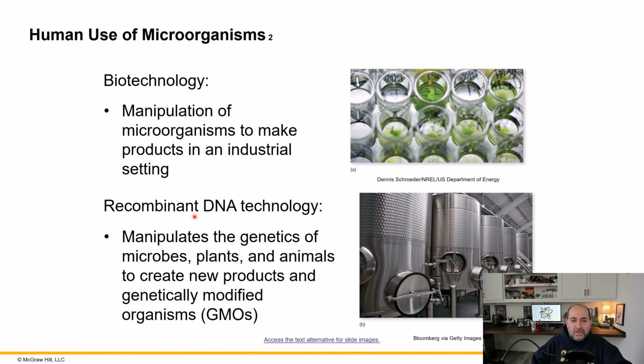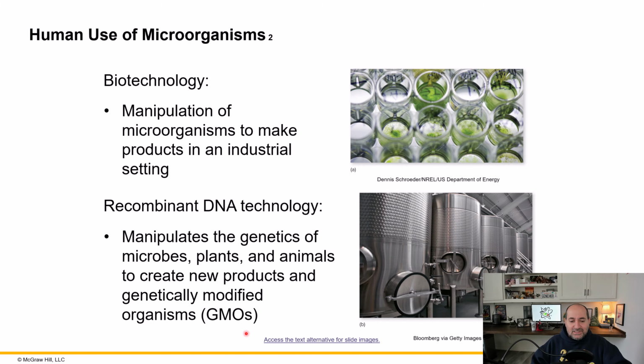And with recombinant DNA technology, we're able to introduce genes into microorganisms so that they can produce things for us and help us to provide different enzymes for medicine, different types of proteins such as insulin for diabetes.